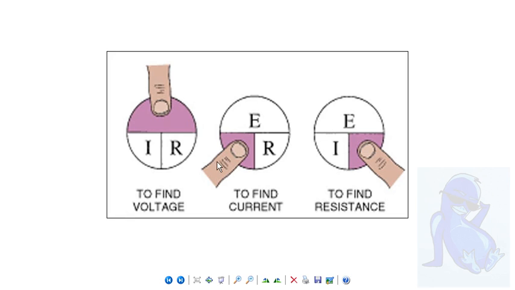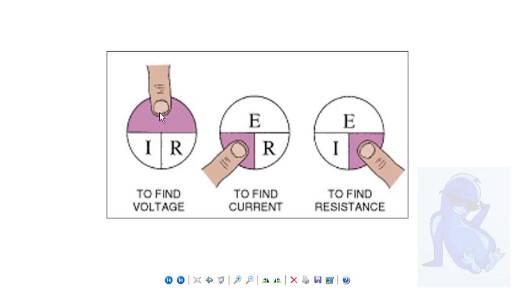This is a nice little representation of how to find your formulas. So EIR: E for electromotive force or EMF, I for intensity or current or amperage, this is your current, and R for resistance, this is your load, this is the work. EIR.